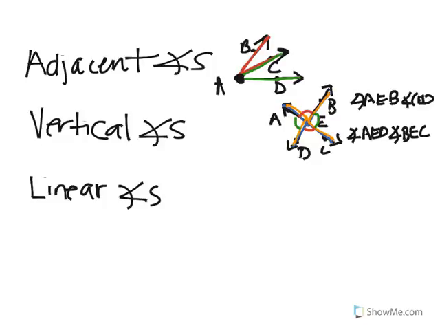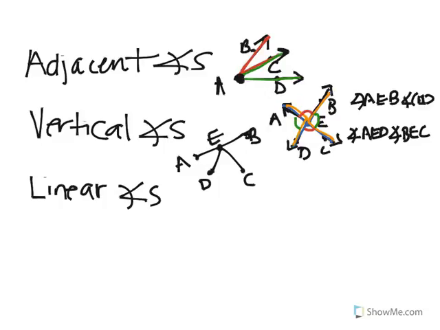So let's do another example of something that's not a vertical angle, right? So let's say we have A, E, B. So these lines are intersecting, right?